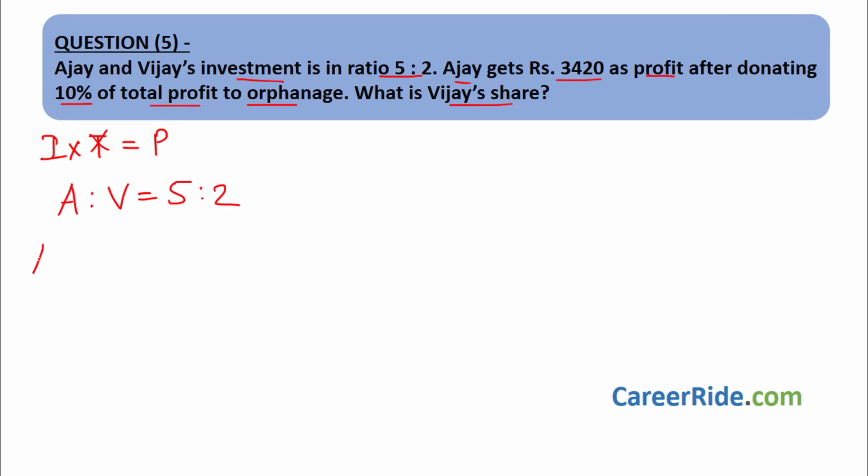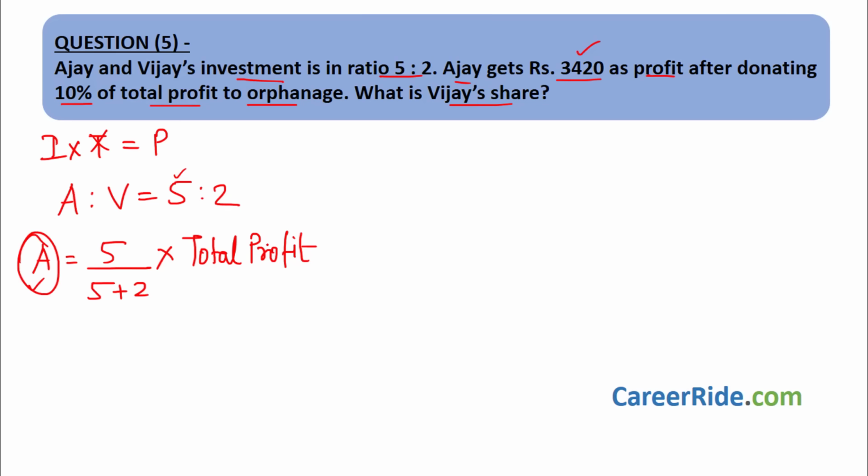So what would be the share of Ajay? This is the ratio for Ajay, so it would be 5 upon 5 plus 2 into total profit. Now do we know what exactly is the total profit? We know that Ajay gets rupees 3420 as profit, but we do not know the total profit. There was some profit for the company, out of that 10% was given to an orphanage.